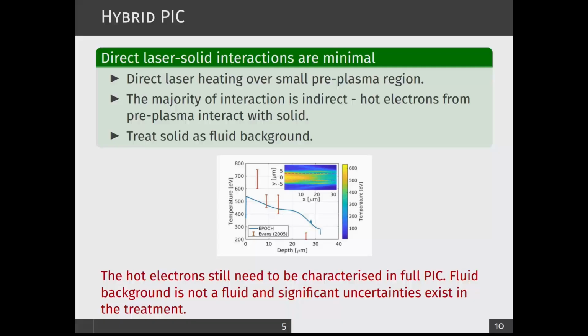So you can certainly do it in an almost self-consistent, accurate way in 3D hybrid PIC. If you're just going to put these things in your fluid code, you really are making it up, and probably your best guess is that they nearly always reflux. Okay, so that's just some thoughts on hybrid PIC.